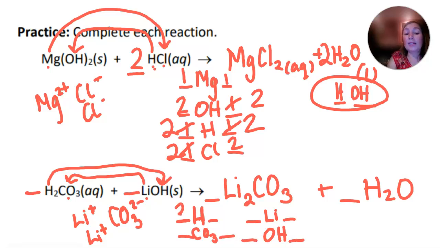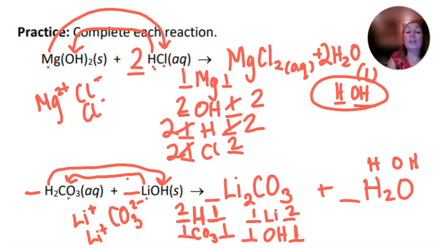On the reactant side, 2 hydrogens, 1 carbonate, 1 lithium, 1 hydroxide. On the product side, there's actually 2 lithiums. There's actually 1 carbonate. And then remember that water can be HOH. So with water, there's 1 H alone and there's 1 OH.